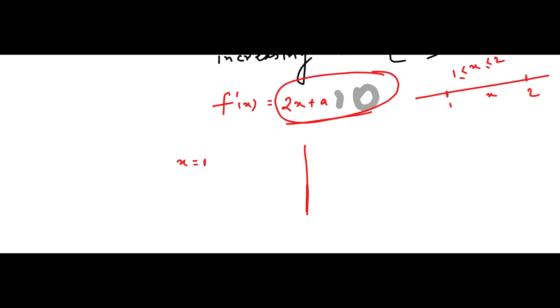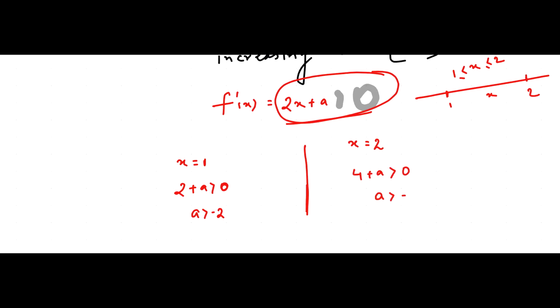It has to be bigger than 0, then we find the a value. That means a must be bigger than minus 2. Yes, ma'am. If we take the end point x equals 2, then what will we get, Fatima? 4 plus a, and that must be bigger than 0. That means a must be greater than minus 4, right?